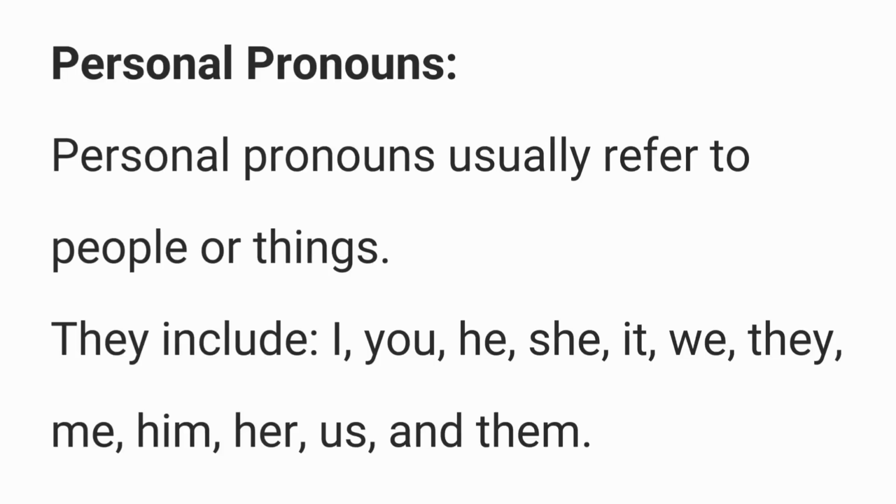Personal pronouns. Personal pronouns usually refer to people or things. They include I, he, she, it, we, they, me, him, her, us, and them.